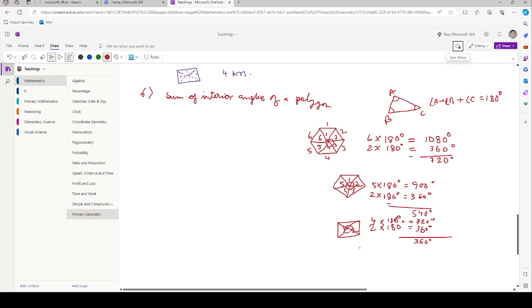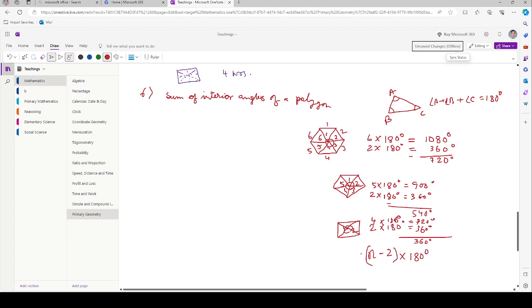So if we formulate the sum of the interior angles, we write: if the number of sides of a polygon is n, then 2 is to be subtracted from n, and it is to be multiplied by 180 degrees.